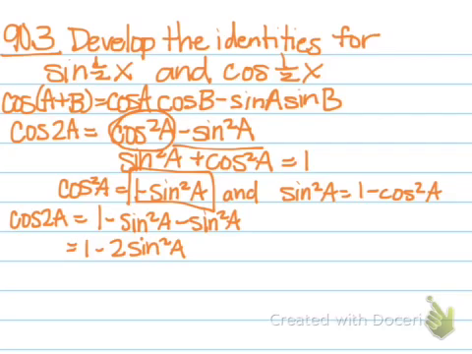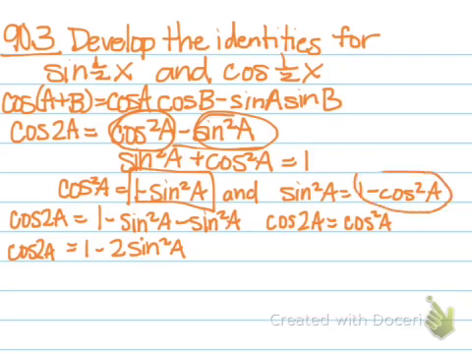And then we can do the same thing, but now instead of substituting for cosine, we'll substitute for sine. So cosine 2A is cosine squared A, and now we're going to substitute sine squared A with this piece here. Plug it in here.